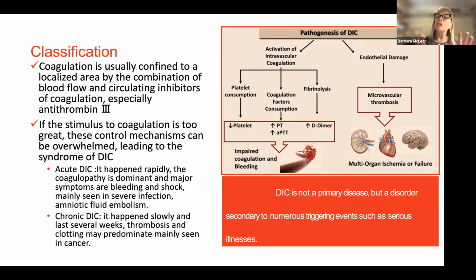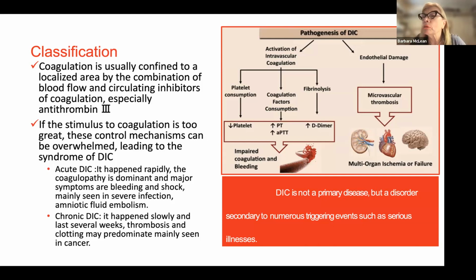But when we talk about overstimulation of the clotting cascade, such as sepsis or trauma or MTP, and obstetrical emergencies, there are lots of reasons. When the clotting cascade is overstimulated, you start making clots everywhere.